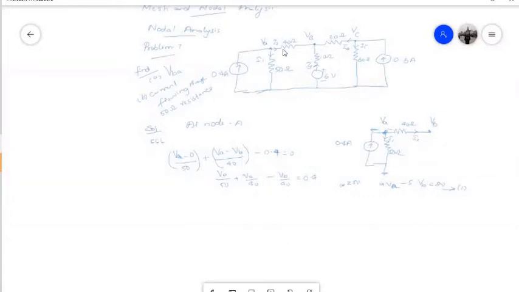And in fact, I will have this 40 ohm resistance, this 10 ohm resistance and this voltage source. Also, I will have the 20 ohm resistance. So these three elements I can consider now. Now let me do that.